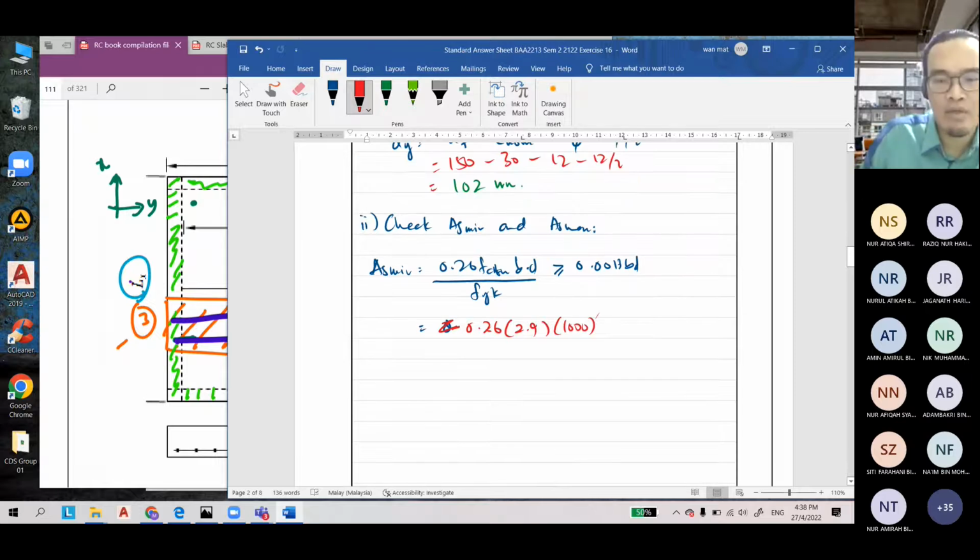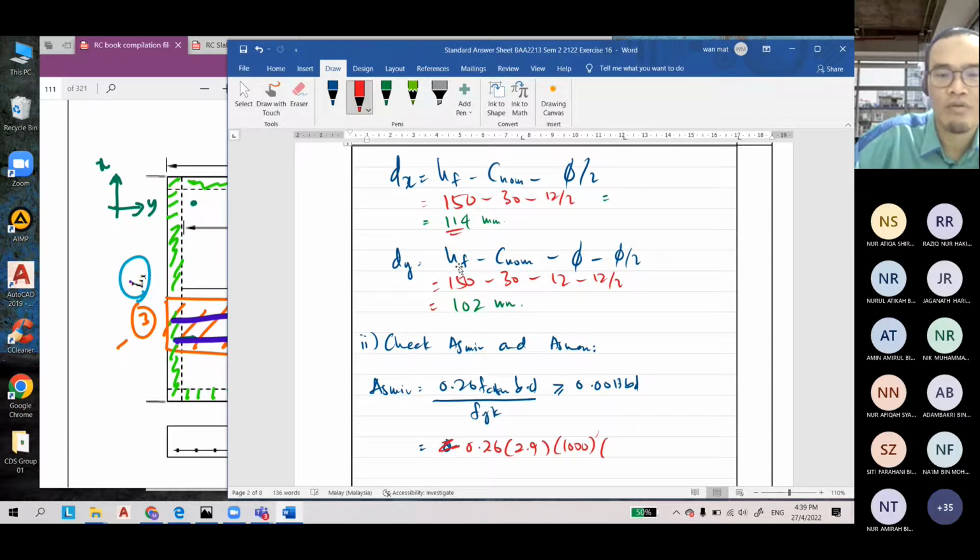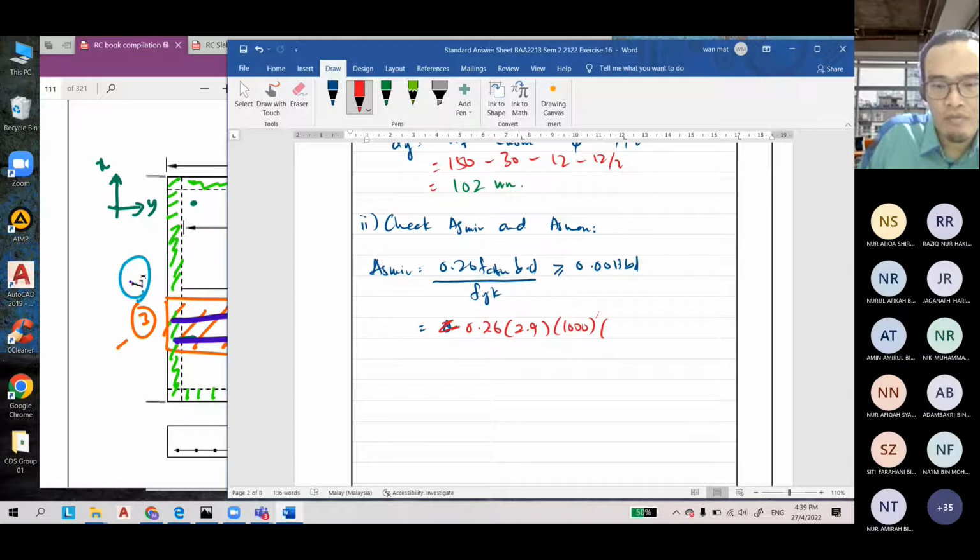For d, we always use the larger one, this one, 114. 114 divided by 500, greater than or equal to 0.0013 times 1000 times 114. Any answer?